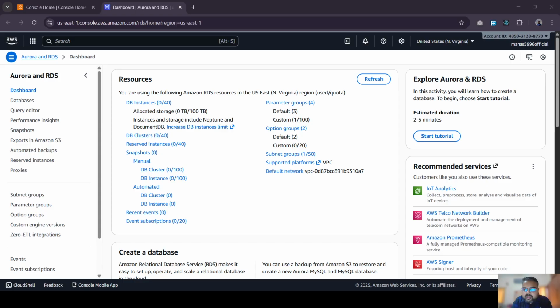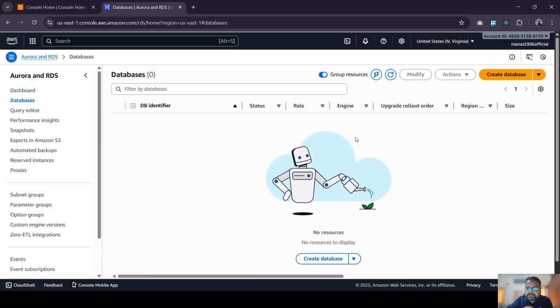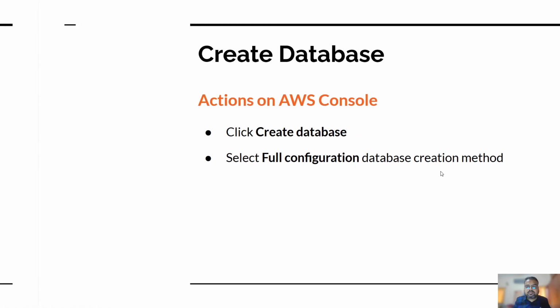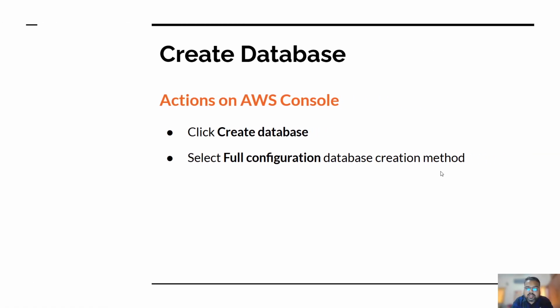Once we are in the RDS dashboard, we go to the panel of databases. In this panel, we are going to create our database. The action to perform on the AWS Cloud Console to create the database is to click on the Create Database button, and then we select the full configuration database creation method.